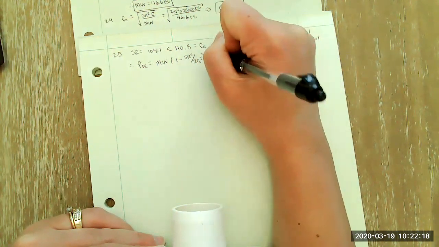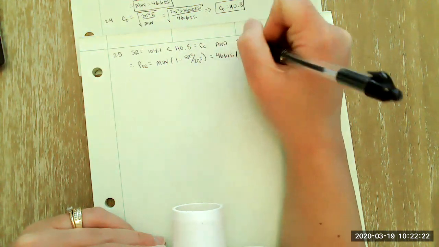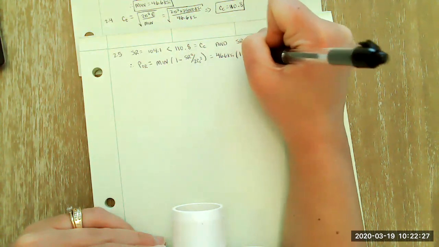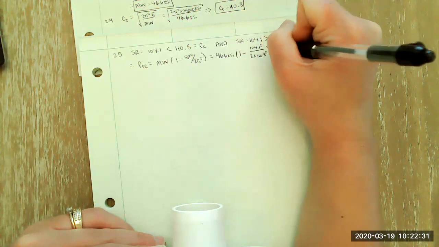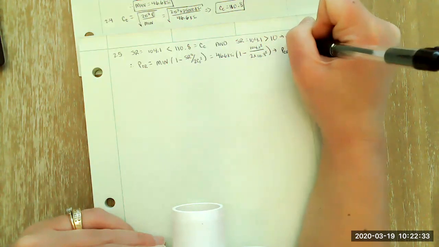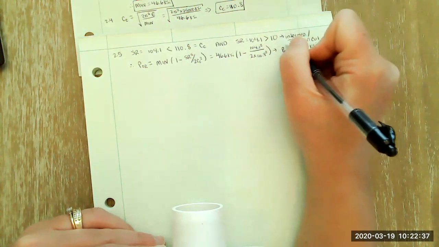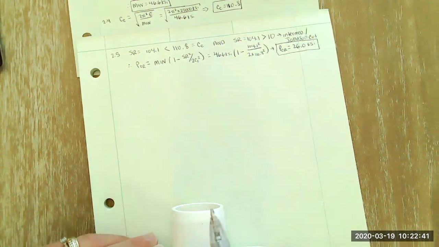Plugging in numbers, we get 46.6 KSI times 1 minus 104.1 squared over 2 times 110.8 squared. And so we get our critical buckling stress is equal to 26.0 KSI. That's our critical buckling stress.